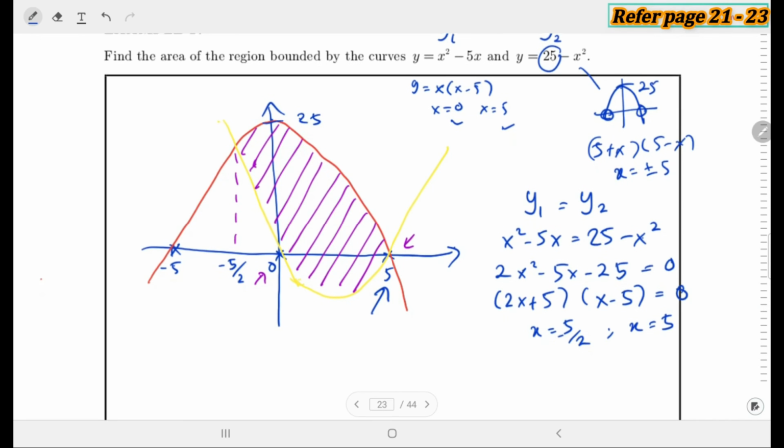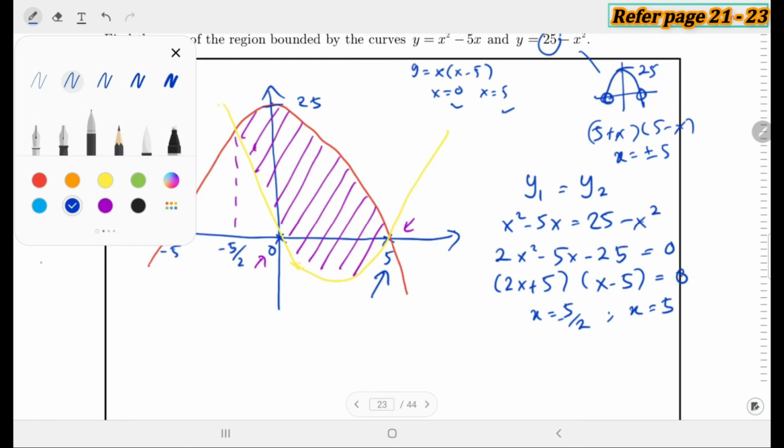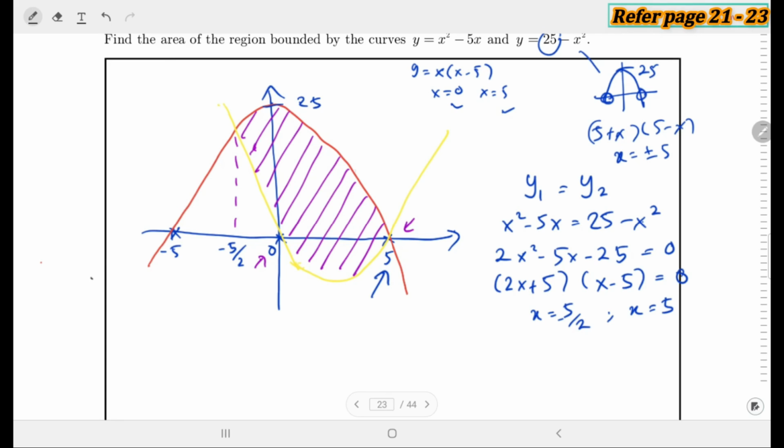Now I am referring to the x-axis to find the area. When we look at the x-axis, which function is the upper function and which is the lower? If you can't see, let's draw a vertical line here. We can see the red one is the upper function, while the yellow one is the lower function.